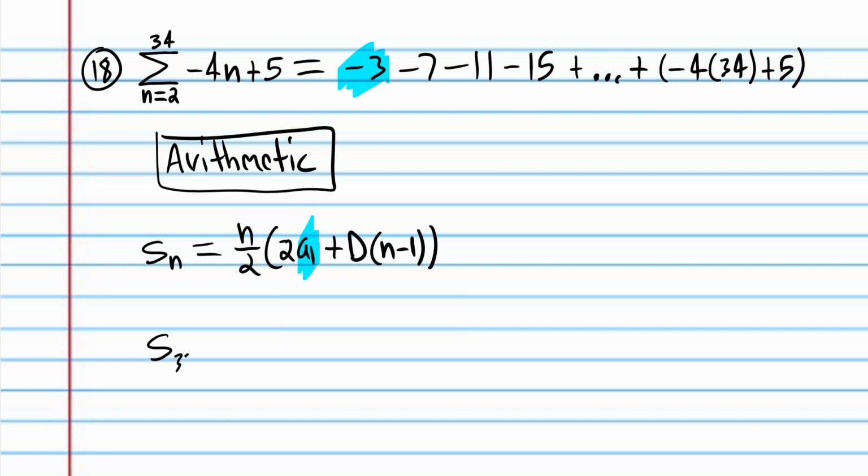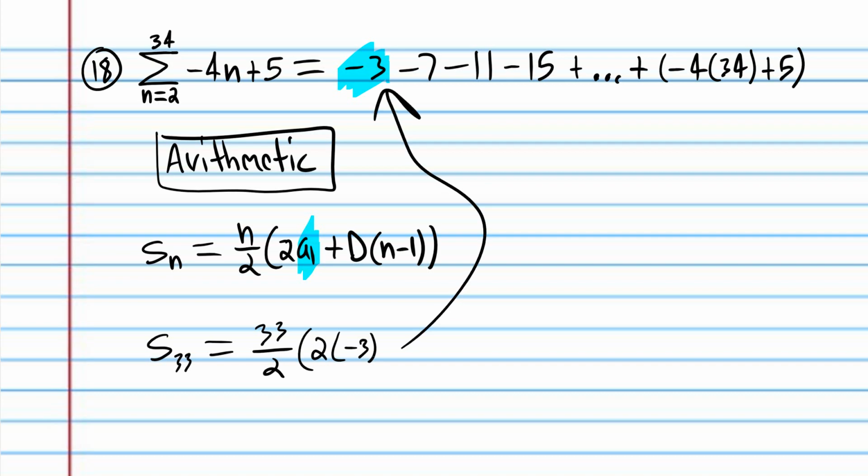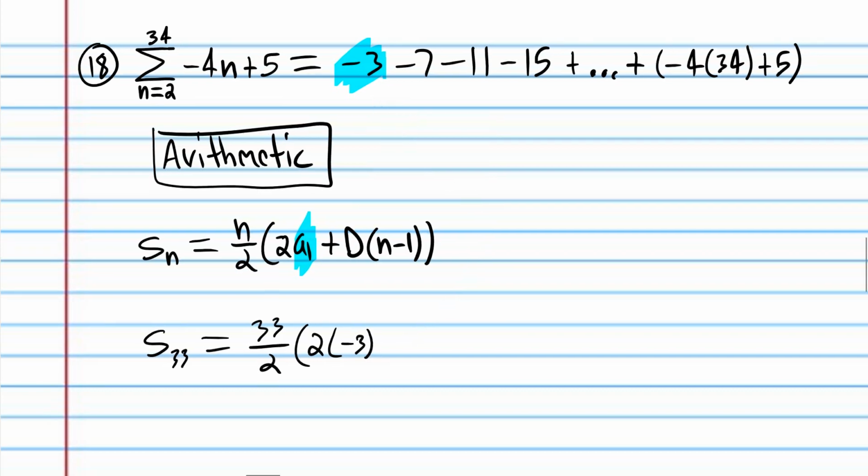So it's going to be a total of 33 terms. And the first term we obviously know is negative 3 because we wrote out the list. That was the whole purpose of writing that list, is we can see precisely what the first term is and the common difference. So it looks like we're subtracting 4 each time, so the common difference is negative 4. And again, n is 33.